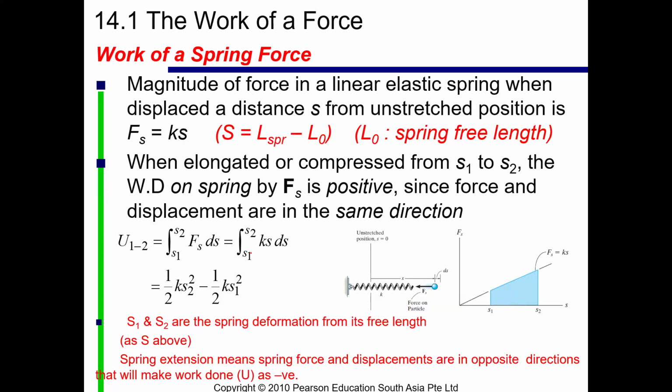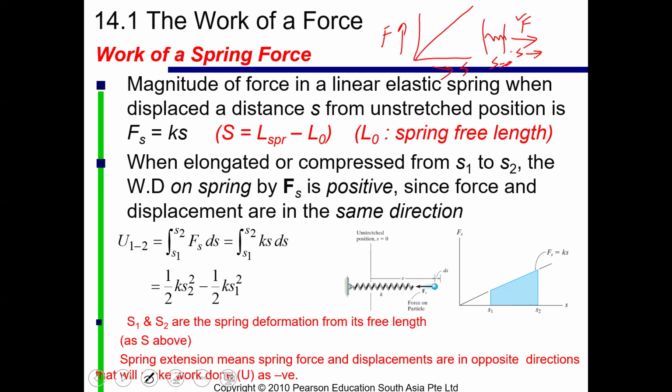We know this behavior. When we are dealing with a spring, if I apply force, the displacement of the spring will be linear, right? If the initial position is 0, when I apply the force, this distance s will be increasing as well.